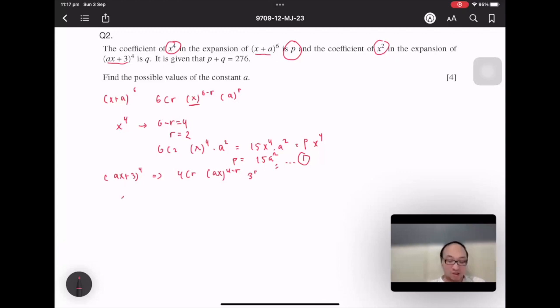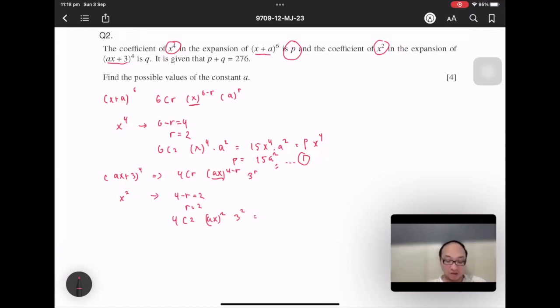So to find the x squared, 4 minus r is equal to 2. So r equals 2. That means we have to find 4C2 (ax) to the power of 2, 3 to the power of 2.